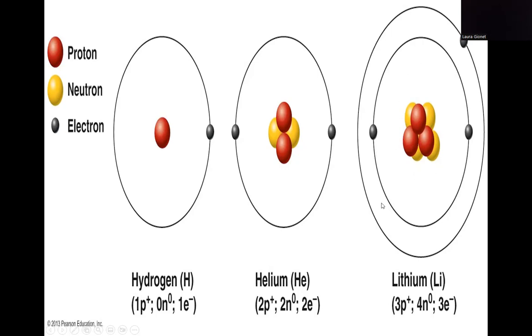The first 2 electrons are found in the first valence shell, and the next electron is found in the second valence shell. So this becomes a very reactive entity. Kind of like the hydrogen here, it only has 1 electron in its outer valence shell. Now, for lithium, this second valence shell can hold up to 8 electrons.